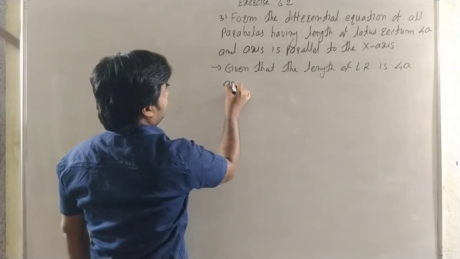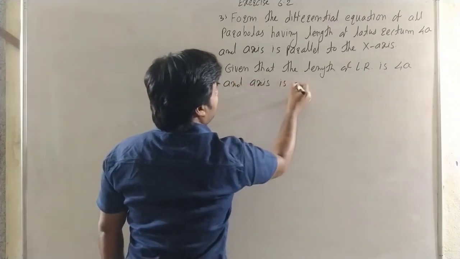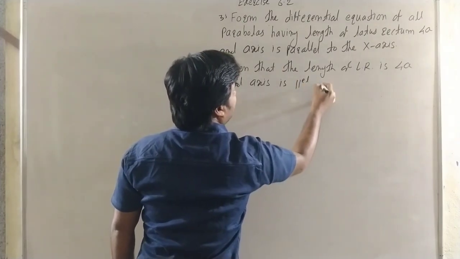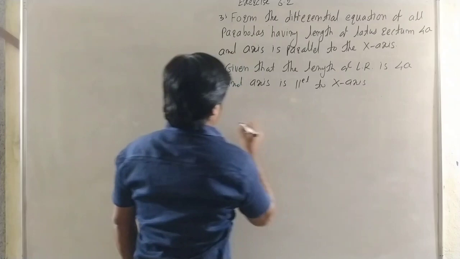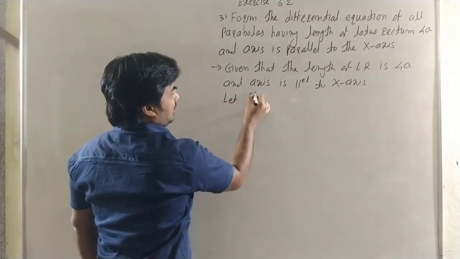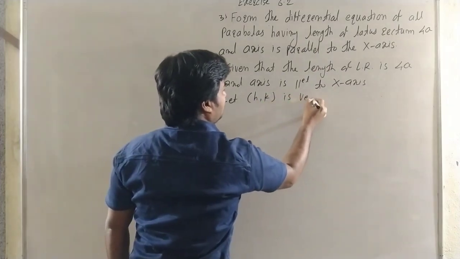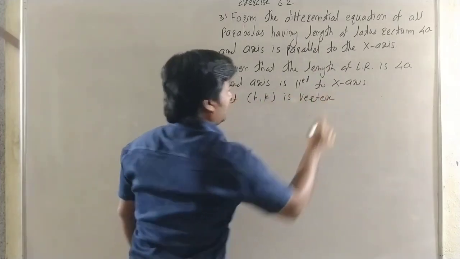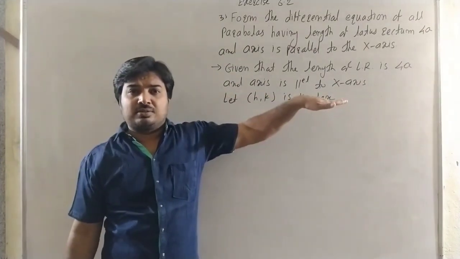Now let h comma k be the vertex. Now see carefully. The axis is parallel to the x-axis.